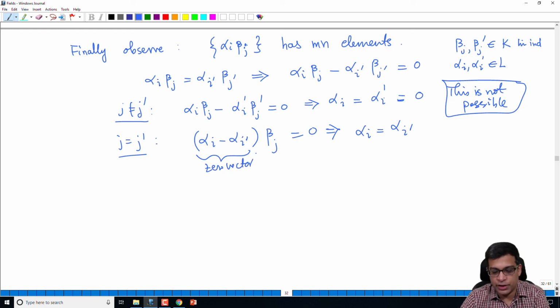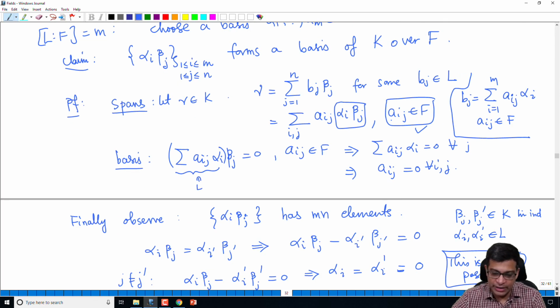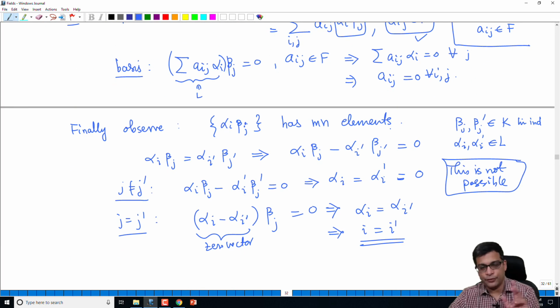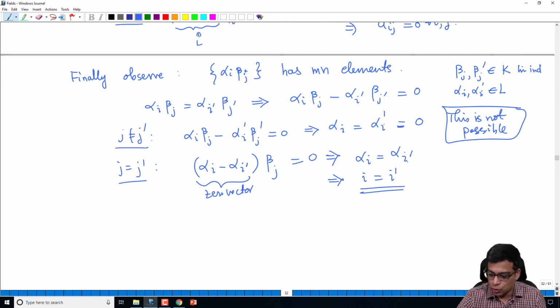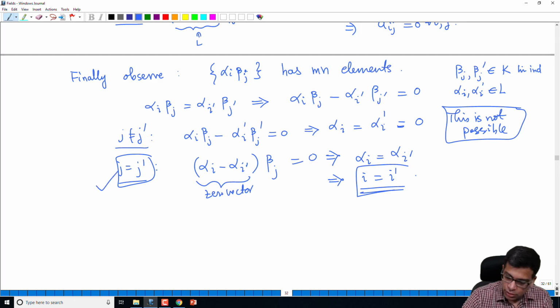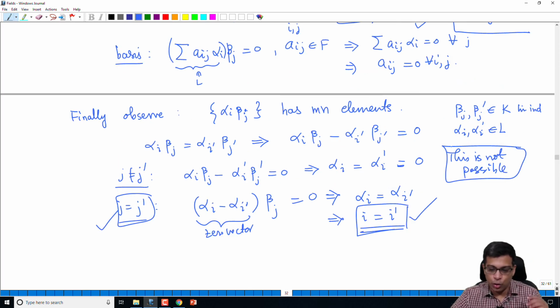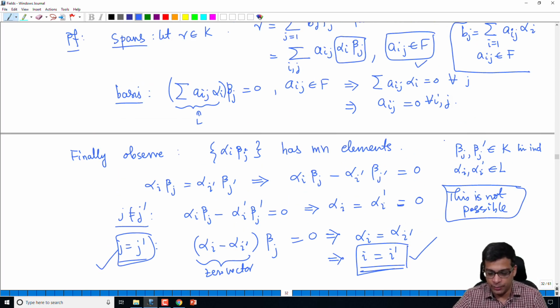This means i must be equal to i prime, right? Again, invoking the fact that alpha i's form a basis, no two of them are equal. So the only possibility is i equal to i prime. So j is equal to j prime and i is equal to i prime. So we do have mn distinct elements. So please think about this last part carefully.